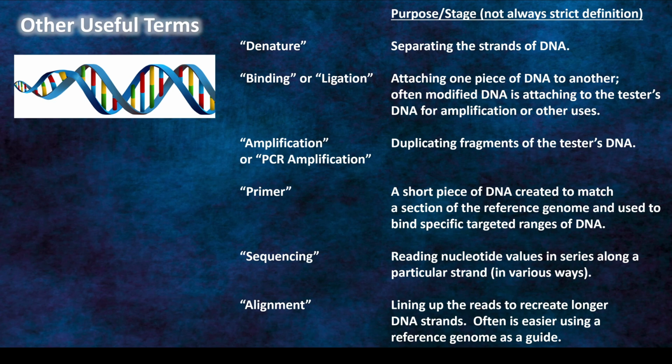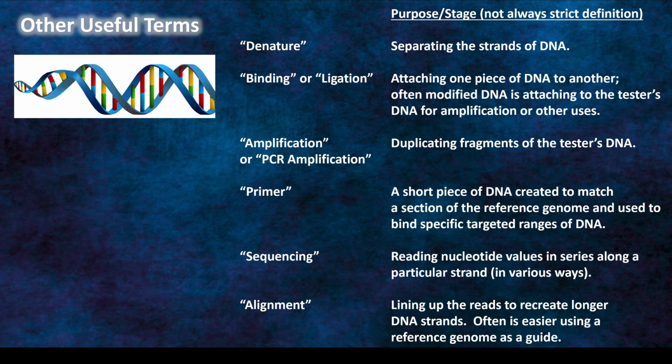They're not necessarily official definitions. But for instance, if I talk about denature, that really means separating the strands of DNA. In most of these types of testing, the DNA strands are fragmented into little pieces of various sizes, and that's a process that takes place as a step in the testing process, and then those little fragments are used in various ways depending on the type of test.